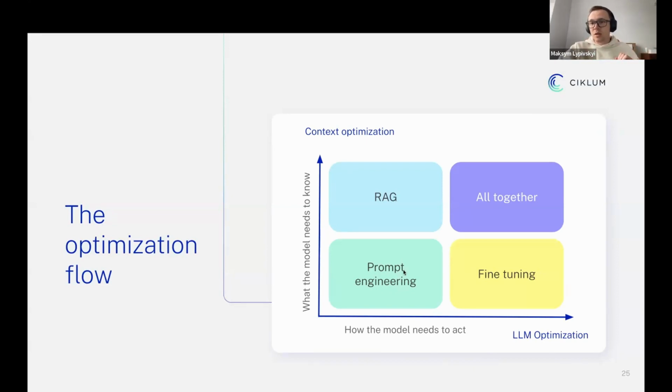Only after first starting will we test our approach on the prompting and see the reaction of our model. After that, we go to few-shot prompting, where we provide examples of the results that we want to get from our model. And only after that, if we understand that we need to increase the actuality of the knowledge of the Gen AI system with what we integrate, we start to use the retrieval augmented generation approach.